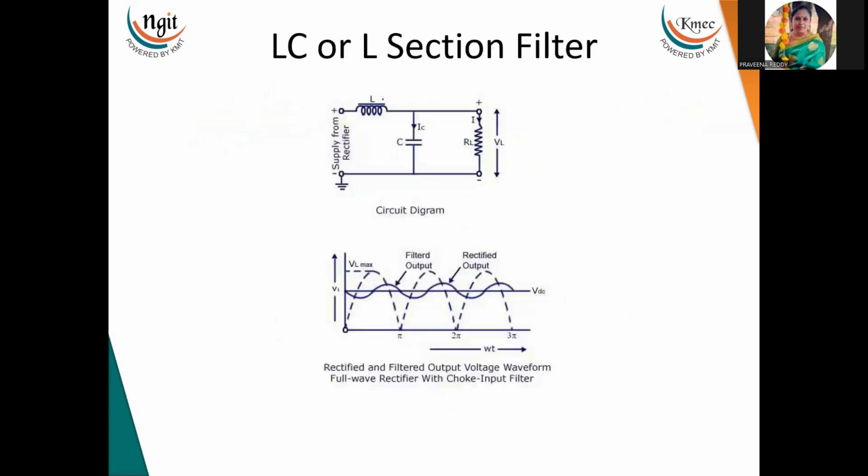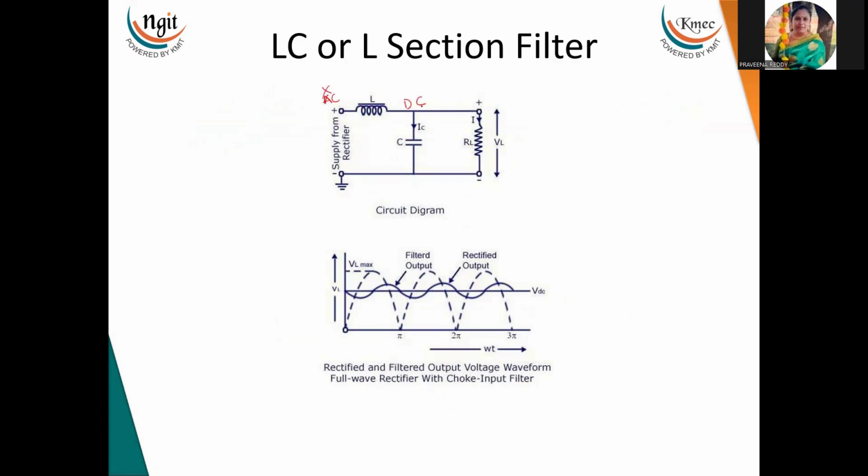Now coming to the LC filter. The inductor is connected in series with the rectifier, and the capacitor is connected in shunt with the resistor. The inductor will block the AC and allow the DC.